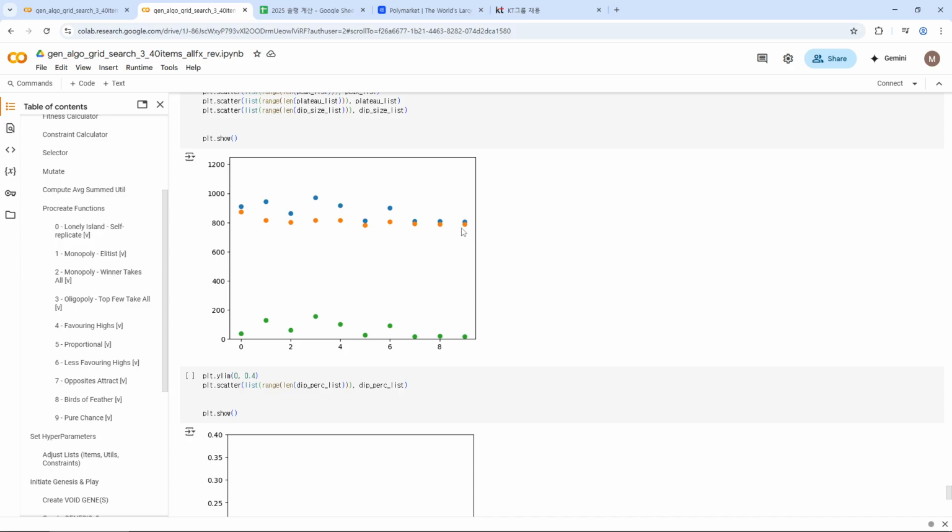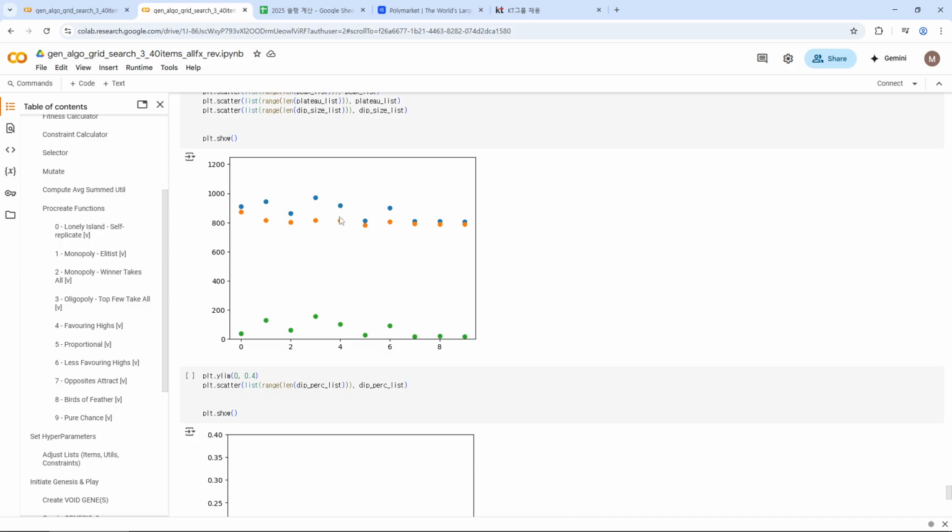And what is this? 10, 9, 8, 7, 6. The sixth one, proportional, also gives us kind of mediocre results. So it will have its use, but not all the time. And favoring highs, that's the fifth one, 1, 2, 3, 4, 5.